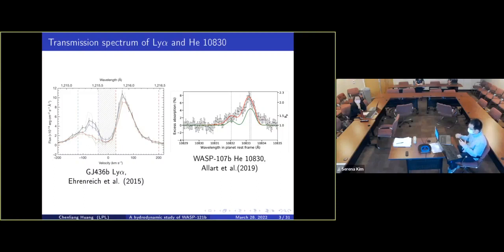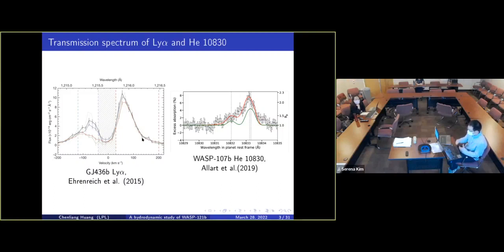So there are several features commonly used to study this upper atmosphere. The oldest one is the Lyman alpha, shown on the left. We see the out of transit curve, and compared to the in transit curve, the Lyman alpha ground state hydrogen can block like half of the starlight due to the planet GJ436b. It has a comet tail structure, a hydrogen tail.